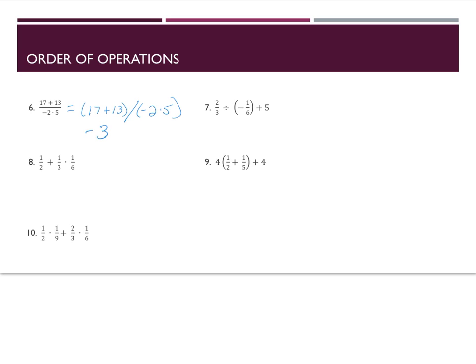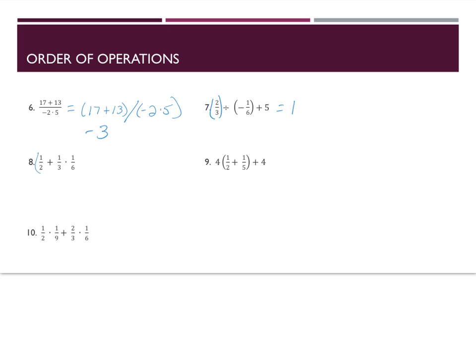So I want to type in the 2/3 in parentheses and then the division sign in between, then my negative 1/6 plus 5. Now I should probably ask the calculator to give me that answer as a fraction, but this turns out to be positive 1, so that doesn't matter.